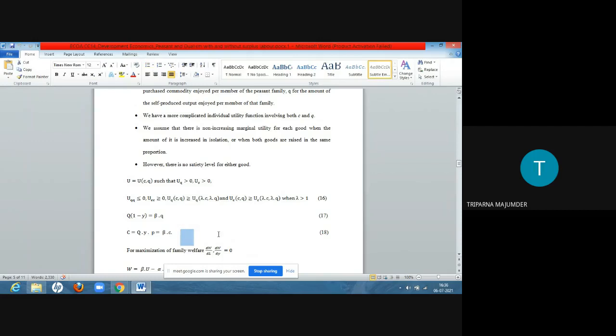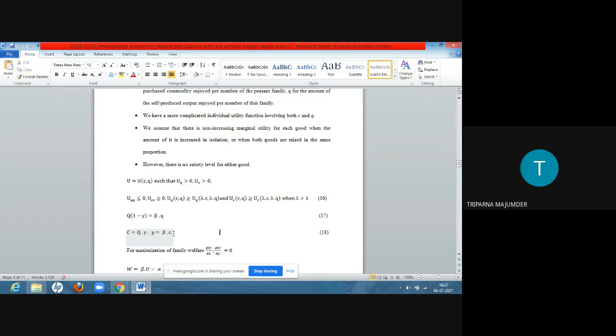Now, how do we get small c? Small c is obtained by purchasing this amount. How can they purchase? Because they are selling y proportion of their own produce at price P. So this is the total amount of C they can purchase. This divided by beta will give us the small c, which is the individual consumption of purchased good.